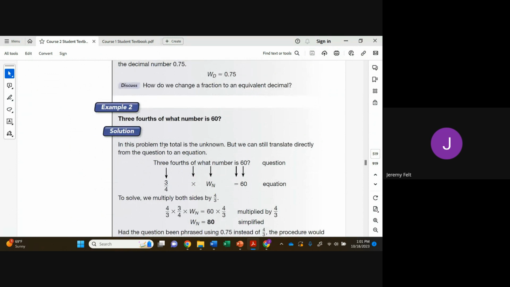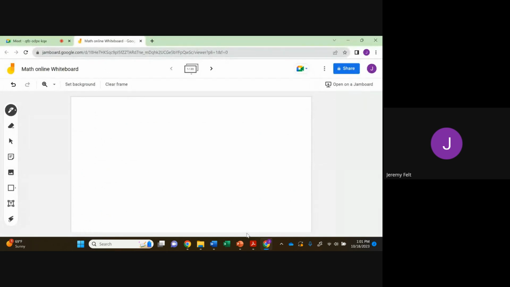Okay, we may be given the fraction 3/4 of what number is 60. 3/4 of, so that's multiplication. What number is or equals 60? Again, we're multiplying, we're given a fraction, we are multiplying, so we need to divide.